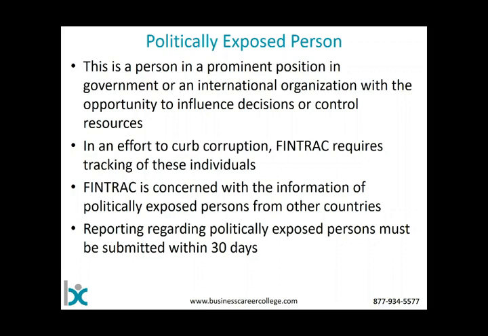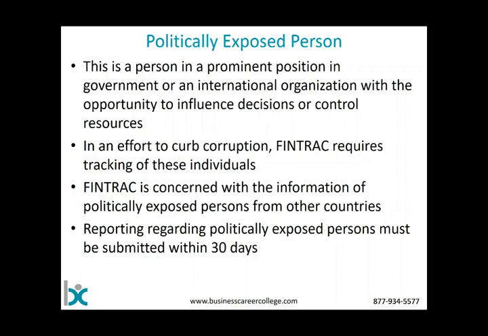That's primarily the reasoning behind this, is to curb corruption. So because of that, FINTRAC requires tracking of these individuals. Usually the specific tracking that's required is in FINTRAC's directives to each industry. So in a little while, we're going to talk about how this impacts the life insurance industry specifically.